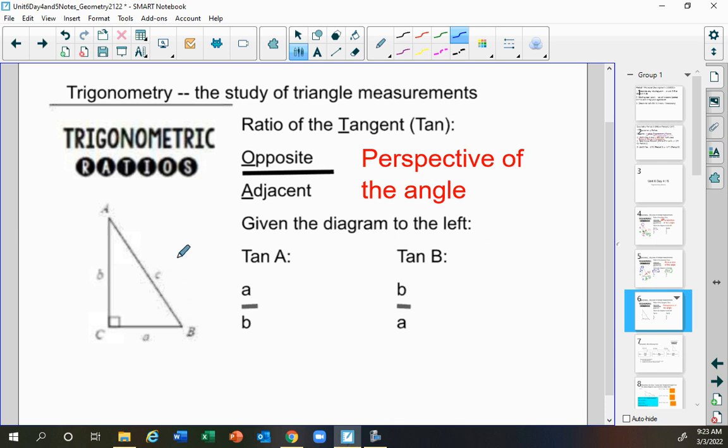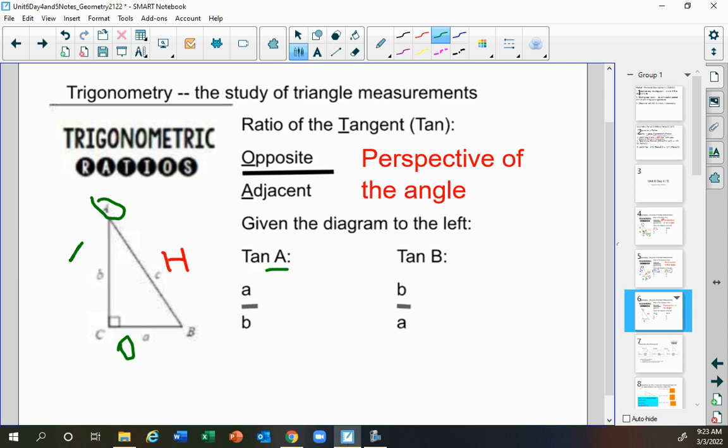Which is the, yep, so this one you don't need. So unlike before, your hypotenuse, you don't need for the tangent. So for your tangent, for instance, angle A, look, where's the opposite?